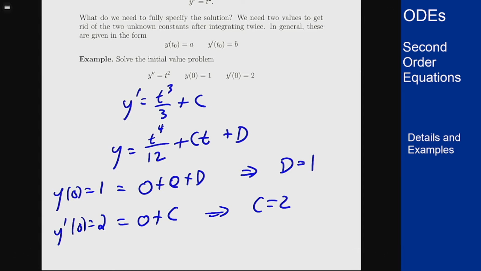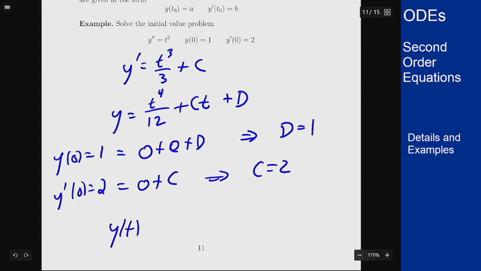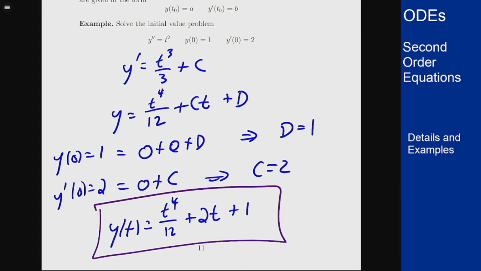Therefore, my solution is y of t equals t to the fourth over 12 plus 2t plus 1. The important thing here is that I integrate twice, I have two constants, and I need two initial condition values in order to specify what those constants must be.